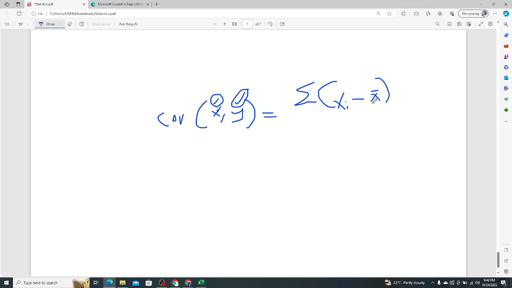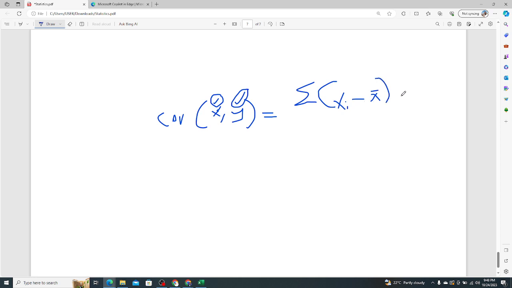Okay, let me remind you. For covariance, we said that the covariance of variable x and variable y, meaning here we have one variable and the second variable, or let's say the household income and household expense, is given by the summation of the variability in the household income to its mean, that is xi minus x bar.